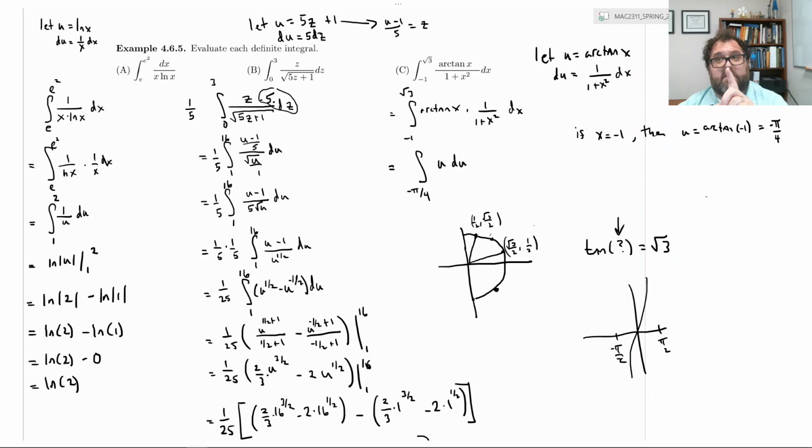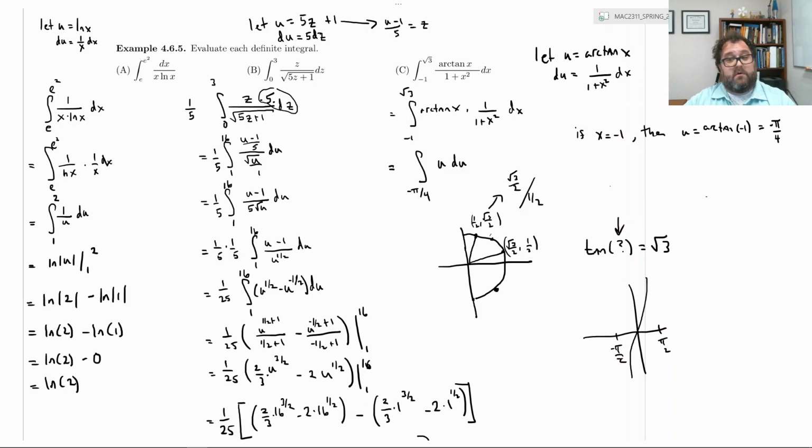Well, you take the tangent, sine over cosine. So you take the y coordinate, like for instance right here, you'd have radical 3 over 2 divided by 1/2. Now what do you get if you do that? Well, if you flip and multiply, you get radical 3 over 2 times 2.